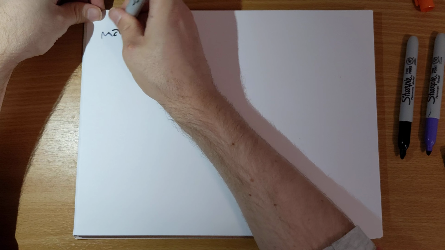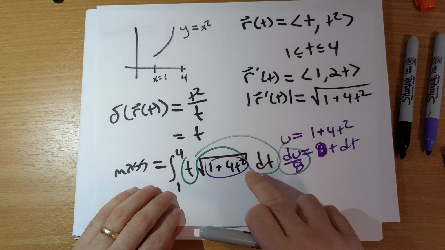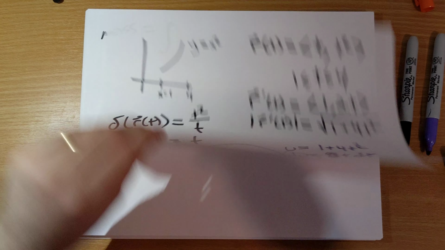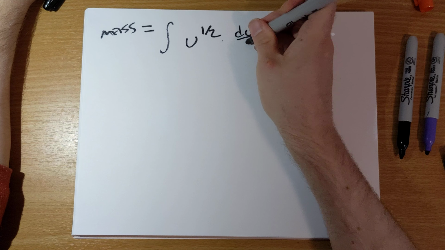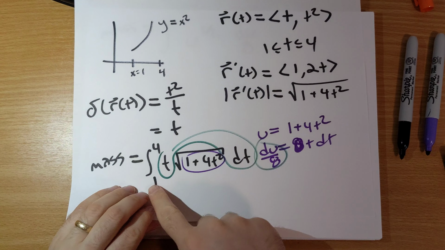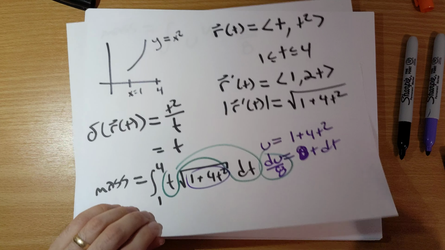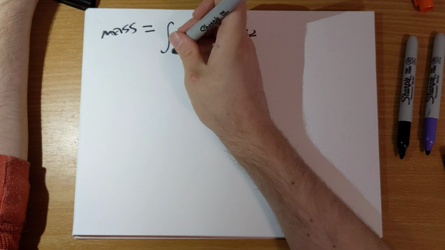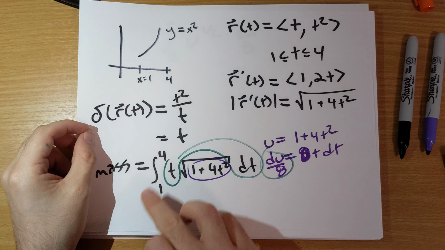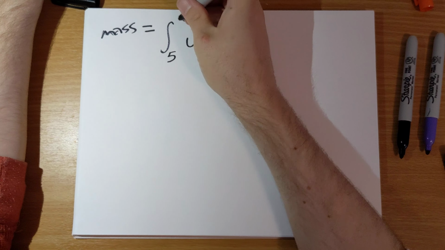Okay, so the mass is equal to the integral of u to the 1/2 power times du over 8. When t is 1, u is 1 plus 4 times 1, which is 5. When t is 4, 1 plus 4 times 4 squared is 65.